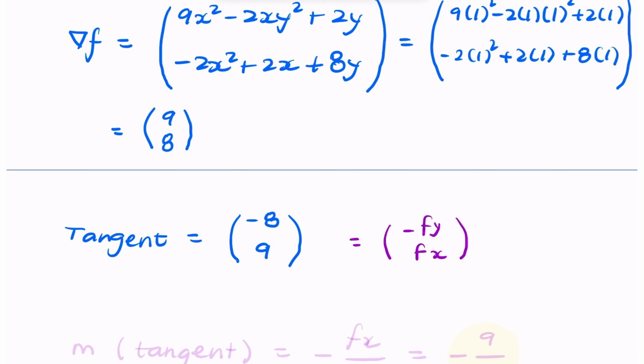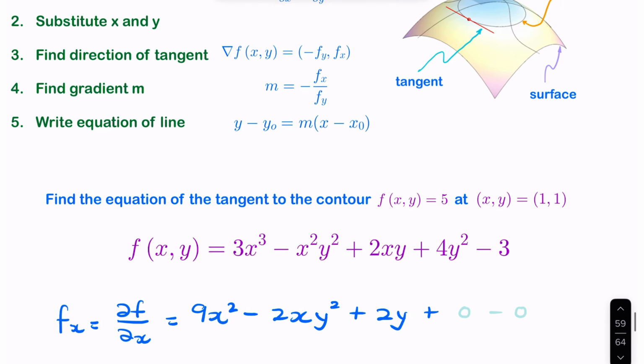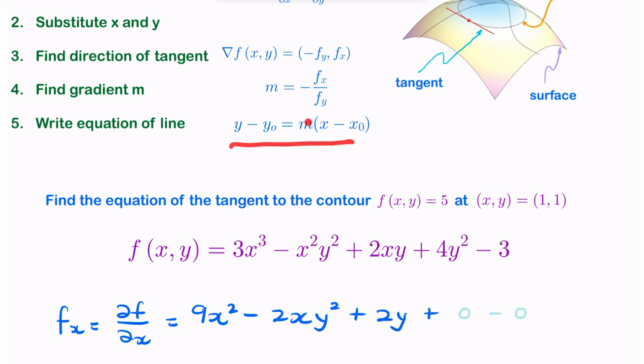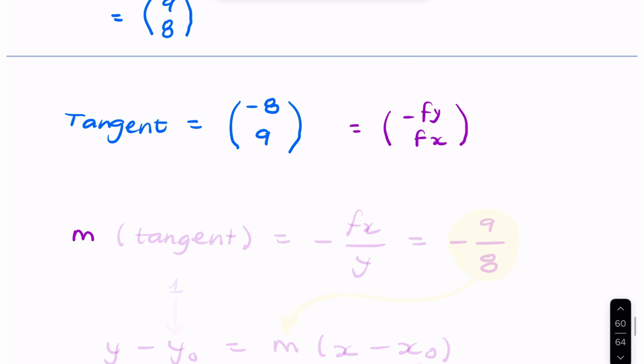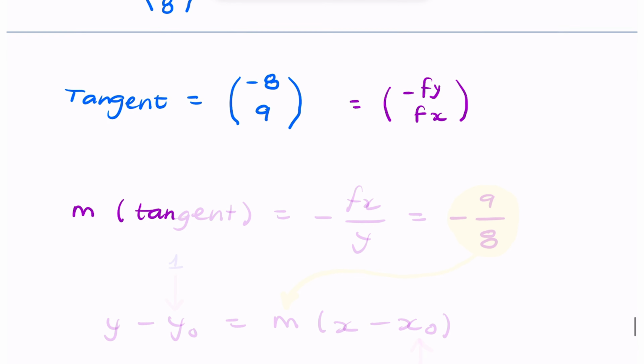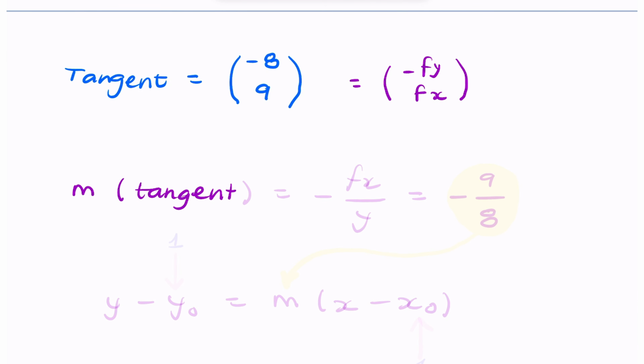And then you can write the equation of your line, or let's find the gradient m, which is negative fx over fy. So m for your tangent is negative fx over fy. So that's negative 9 over 8.